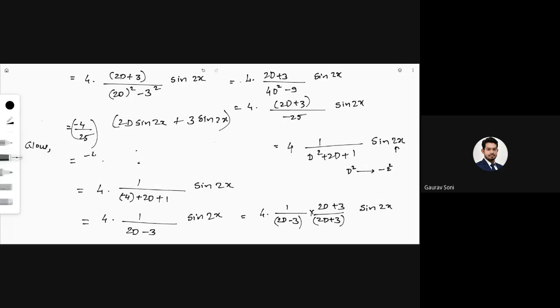So minus 4 by 25. Derivative of sine 2x is cos 2x, 2 cos 2x, so this will be 4 cos of 2x plus 3 sine 2x. This is our final solution, yp.